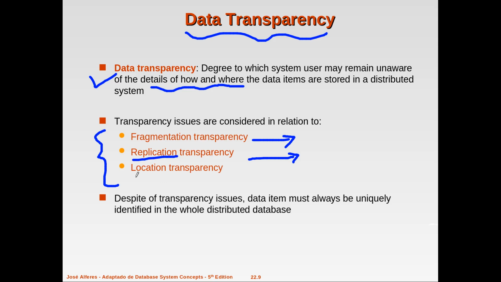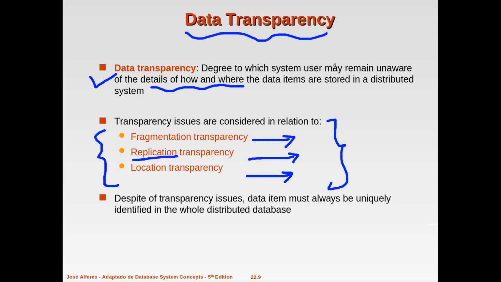Similarly, the third one is location transparency. If I want to access a particular relation, I enter the transaction statement or query and I get it. I don't know in which site that data is present. Without knowing the location where the data is stored, I can access the data. So this is called transparency.